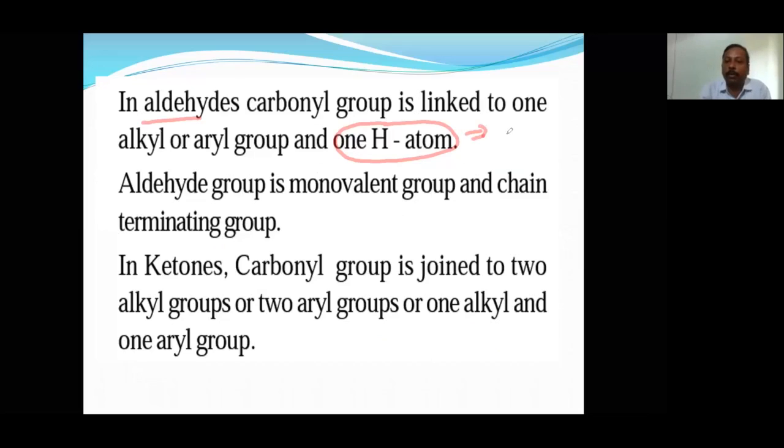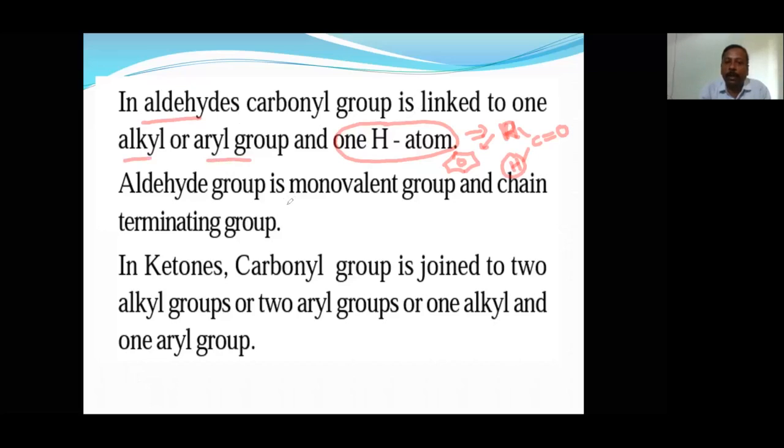If both are hydrogen, then it is called formaldehyde. But at least one hydrogen is a must. The other can be an alkyl group or an aryl group. Aryl group in the sense it can be benzene and its derivatives. Is it understood? Aldehydes are carbonyl groups linked to one alkyl or aryl group and one hydrogen.